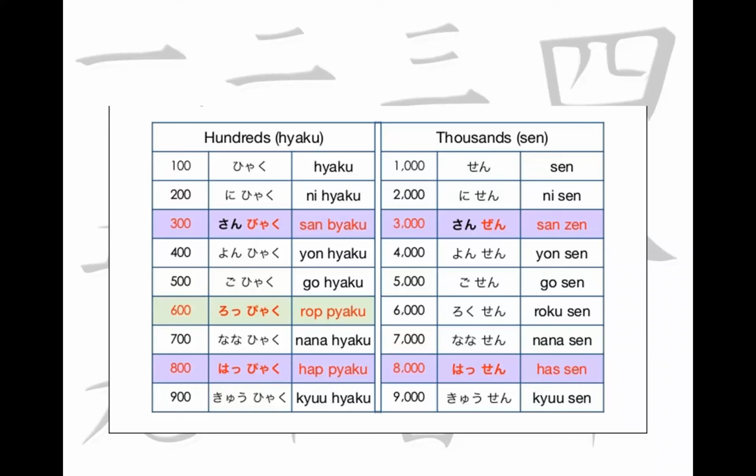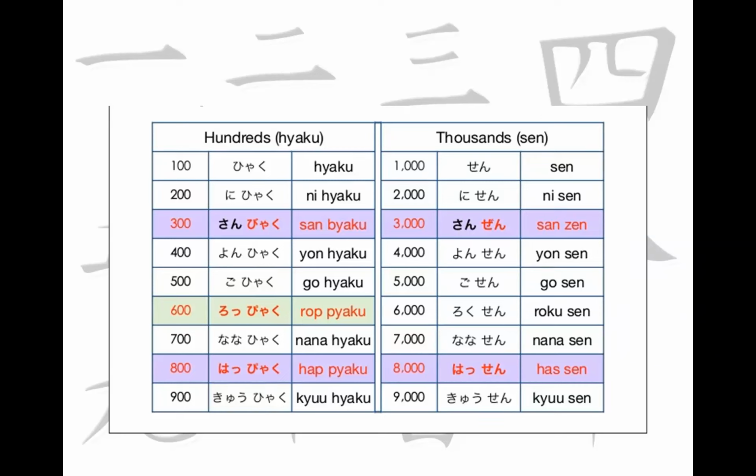Again, slowly, nana sen, 7,000. Now, 8,000, has sen. Again, slowly, per syllable, note the pause, has sen, 8,000. And then lastly, kyu sen. Again, slowly, per syllable, kyu sen, for 9,000.